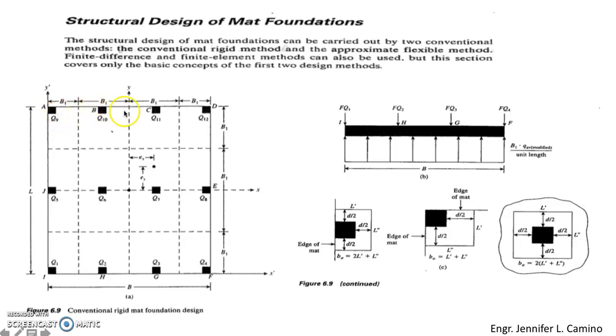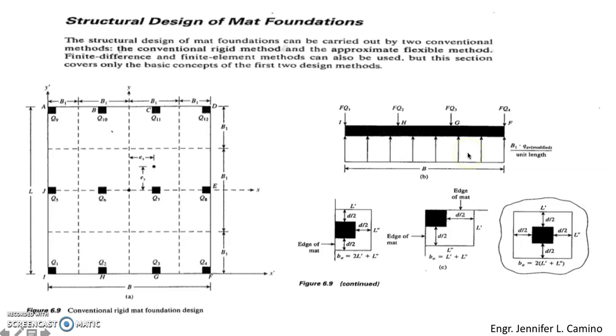It has 12 columns in this particular figure. And the column load for each line is illustrated here. If you isolate this one, I, H, G, and F, you have here our illustration, which contains our column loads.